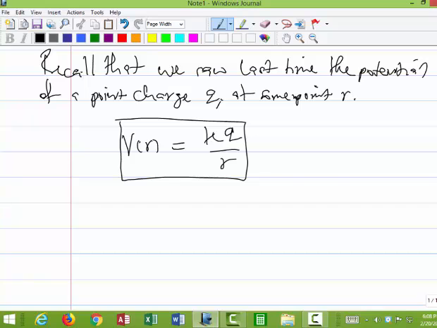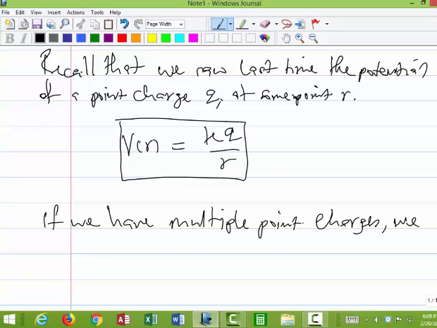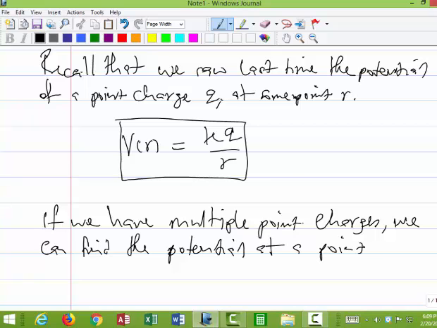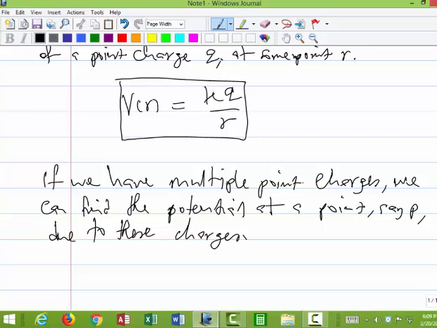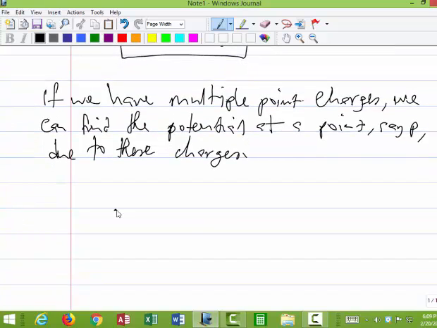And so if you have multiple point charges, we can find the potential at a point, say P, due to these charges. Let's say we have several charges. Let's call them Q1, Q2, Q3, Q4, all the way to say Qn.